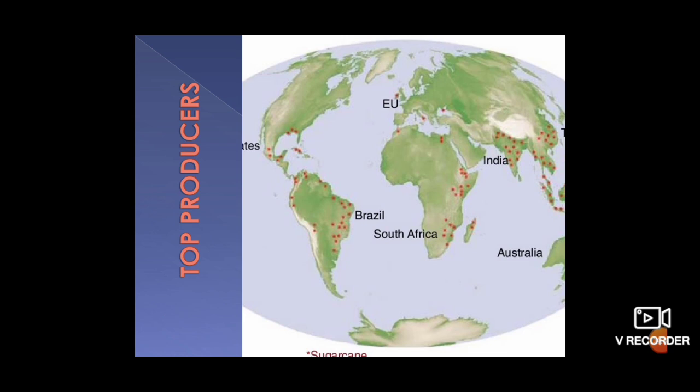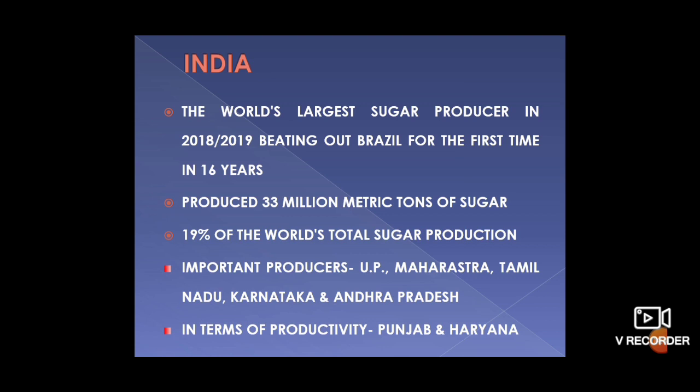Let's look into the top producers of sugarcane in the world. India became the world's largest sugarcane producer in 2018-19, beating out Brazil for the first time in 16 years. The country produced 33 million metric tons of sugar in 2018-19 crop year. It accounts for 19% of the world's total sugarcane production.